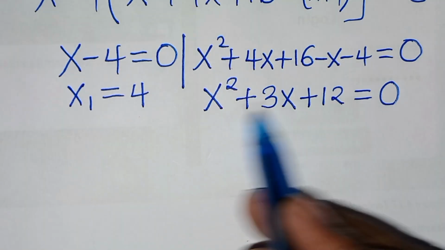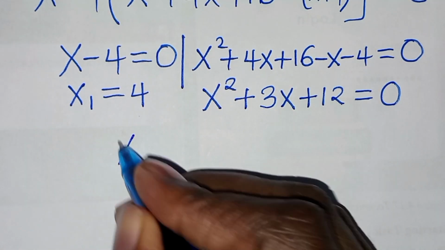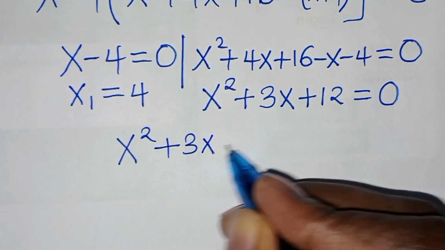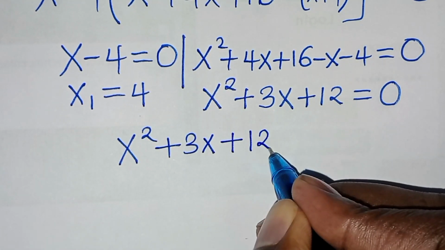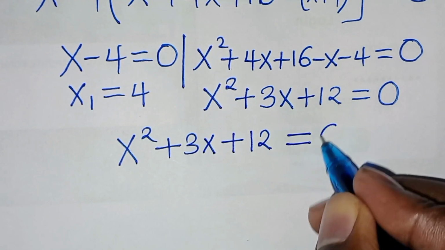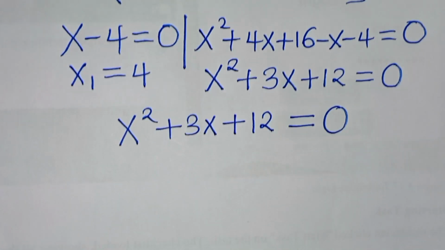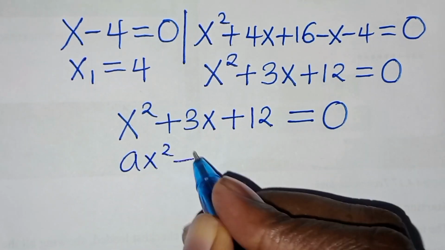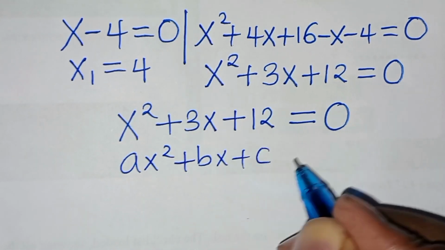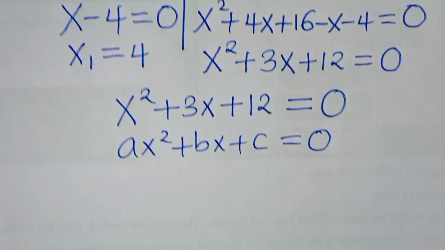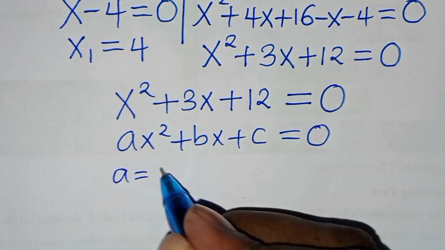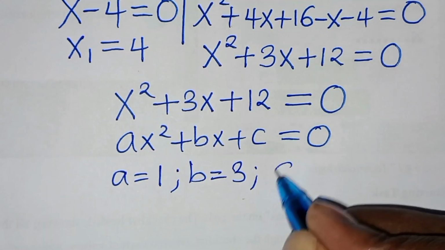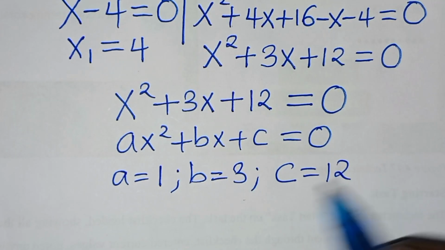Now, from this quadratic equation, which is x squared plus 3x plus 12 equal to 0, in the form of ax squared plus bx plus c equal to 0, we have that a is equal to 1, b is equal to 3, and c is equal to 12.